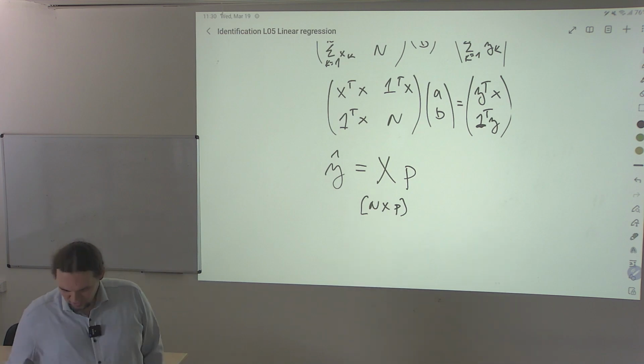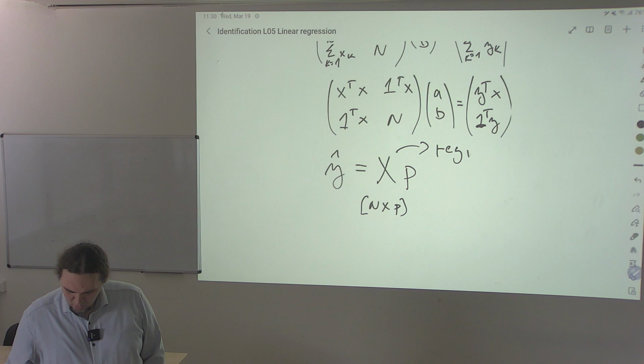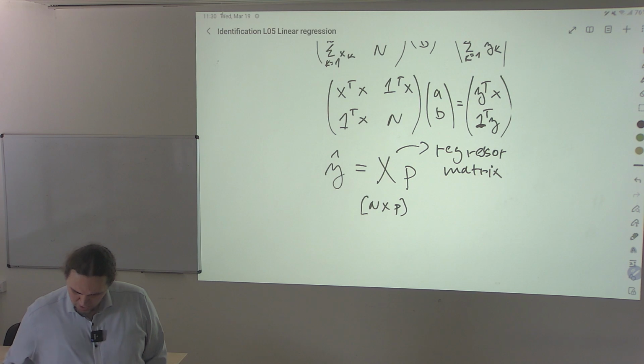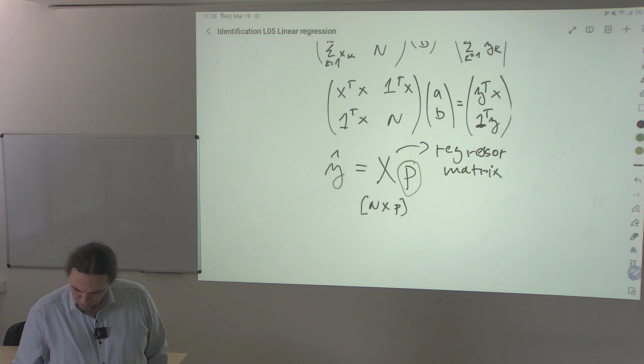It actually has even a special name. It's called a regressor matrix. The P is of course the vector of parameters that we are trying to find out.